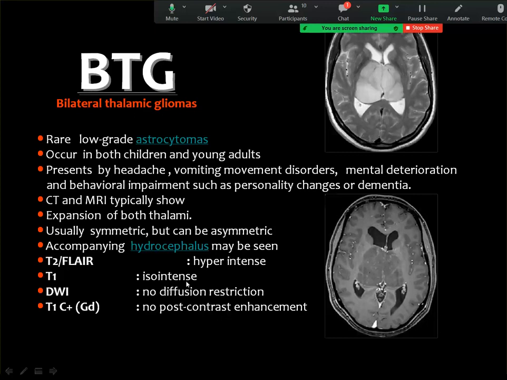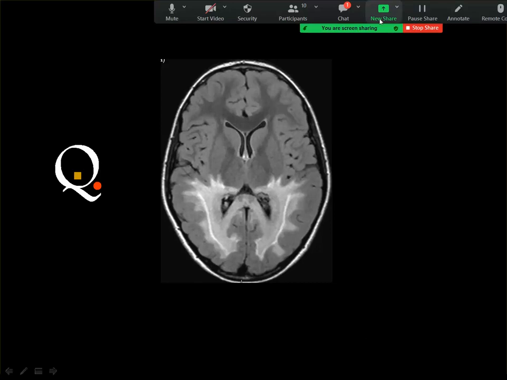In the T1, they show isointensity. In the diffusion, there is no diffusion restriction, similar to any of the brain tumors. And whenever you inject contrast material, it will not enhance, as you can see in this image, because this is a low-grade astrocytoma. Next case.